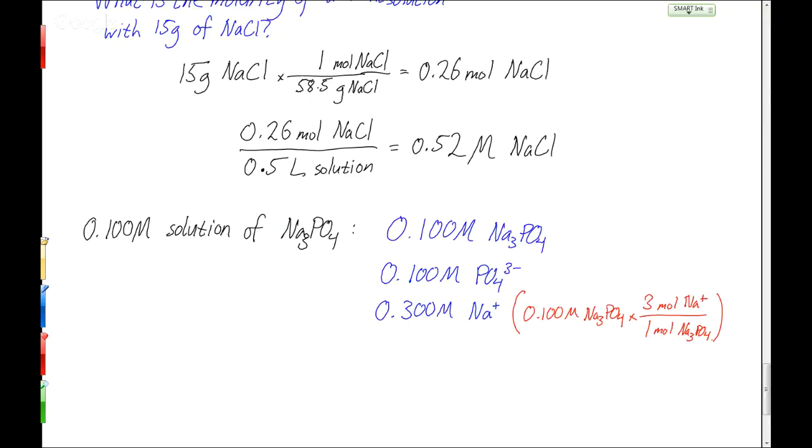So that ends up multiplying it by 3. And then we could also say that it is 0.4 molar in total ions.